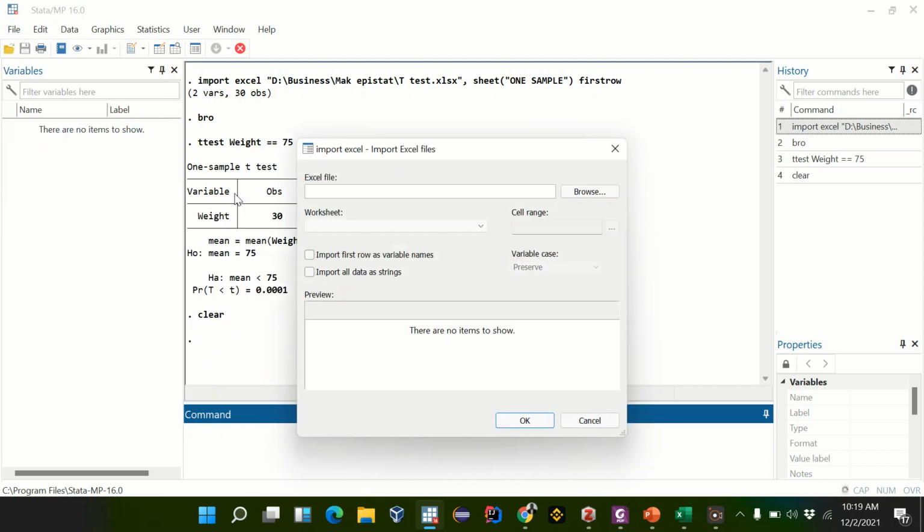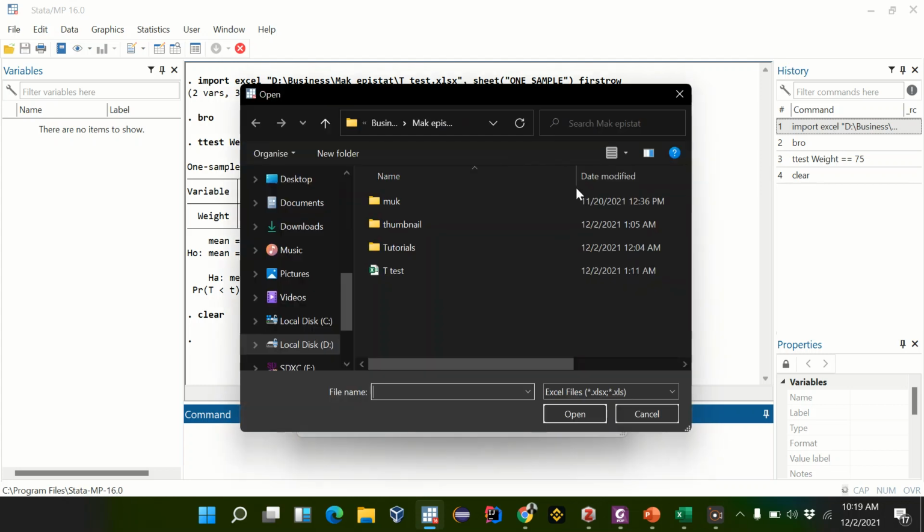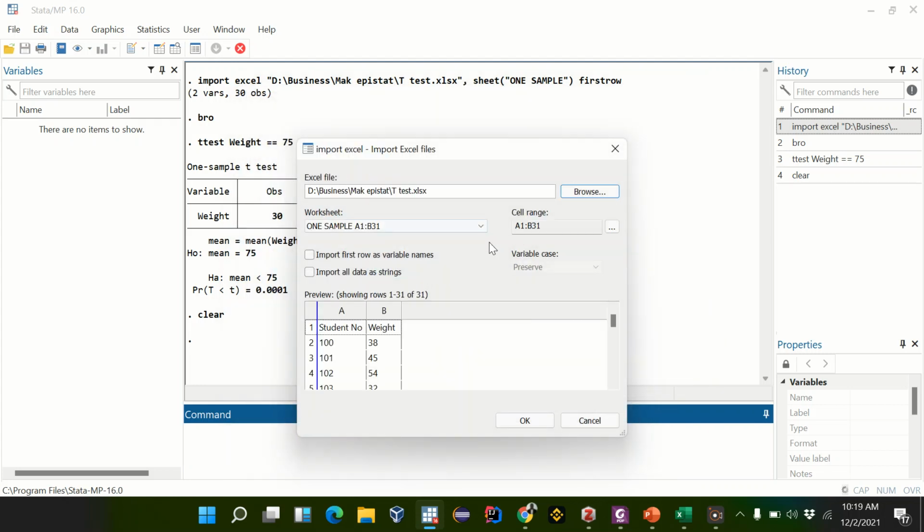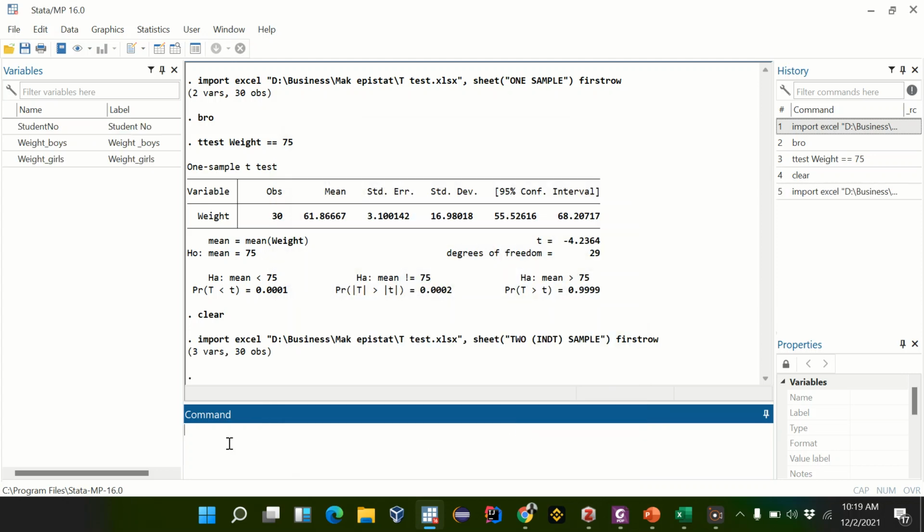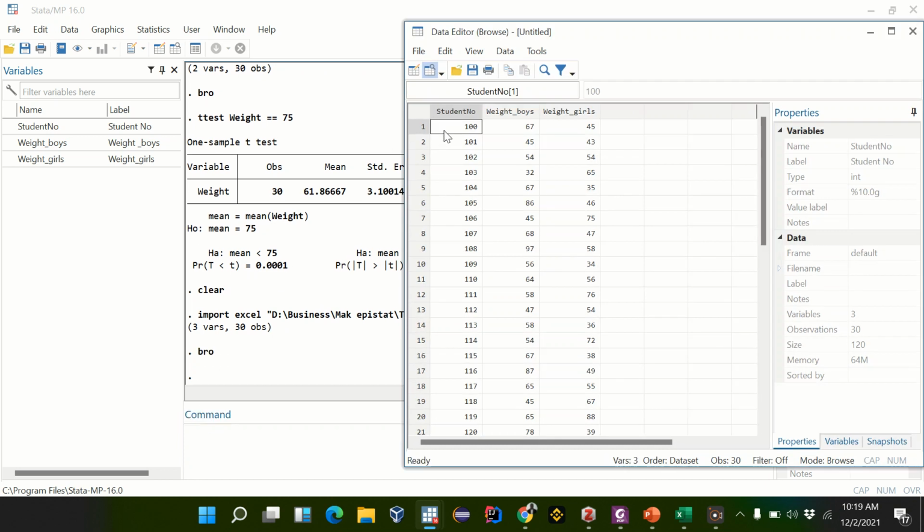So we import the same t-test file. Now we're going to import sheet 2, and we import the first row as variable names. When you browse, you will see the student IDs, weight for boys and weight for girls. So I want to see if these weights are statistically different from each other.